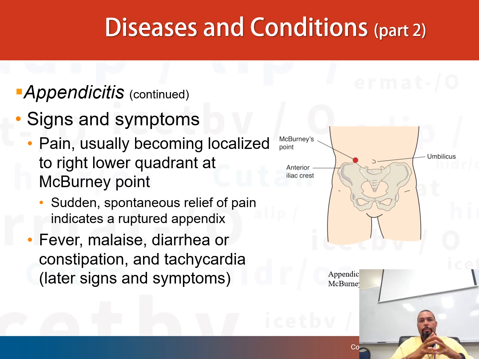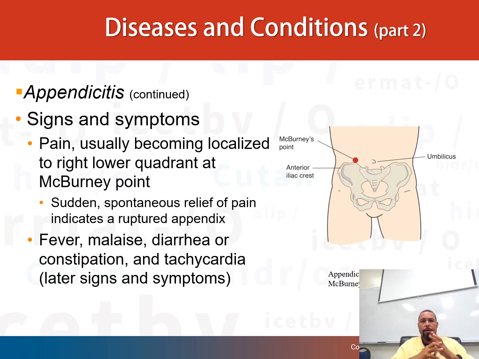Where before, when it was contained within the appendix, it would have been a cleaner and much less risky surgery. When the appendix is burst, now we have to deal with a catastrophic effect, because we have all this infectious material just everywhere. It's no longer contained in a nice balloon, okay?